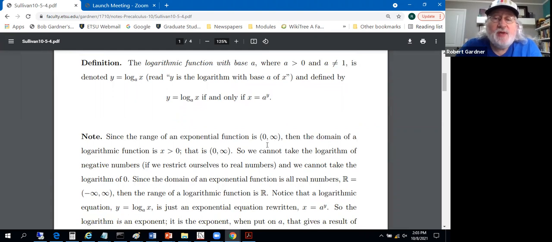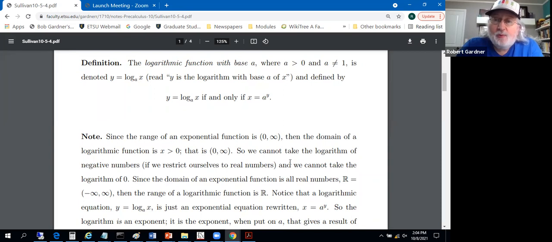The range of the exponential function, you'll recall from the previous section or two, is 0 to infinity, all positive numbers. Well, if that has the log function as its inverse, then that means the domain of the log function is 0 to infinity. The range of a function equals the domain of its inverse function.